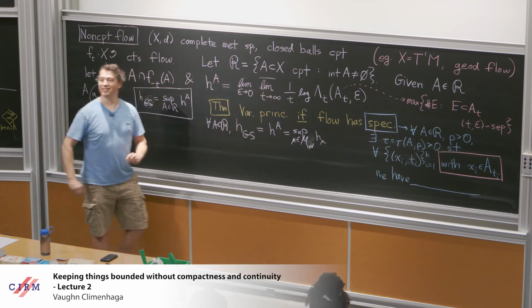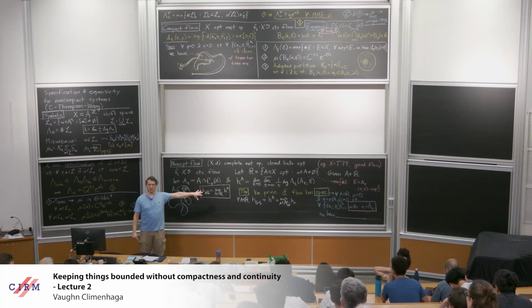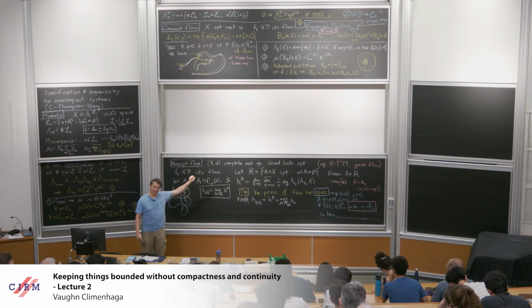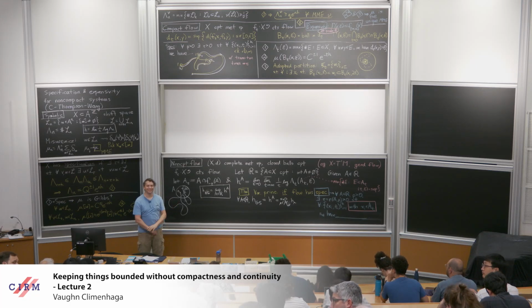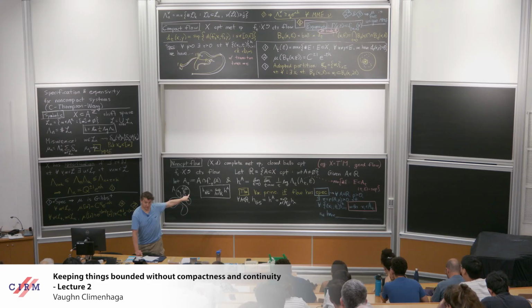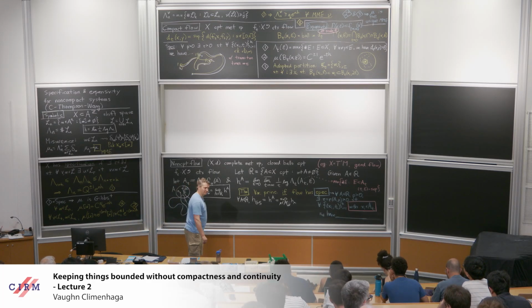There. So one of these quantities you can kind of make sense of before I even start talking. The other two I have to define. That's because of the specification property. Yes, probability measures.